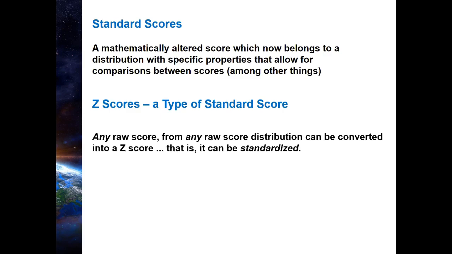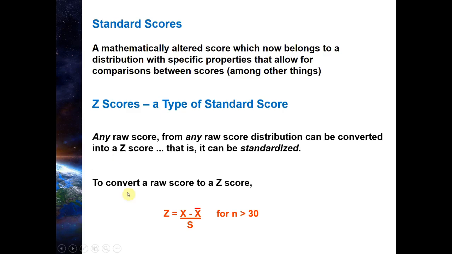Now, you do have to have certain things in order to convert a raw score. In order to convert this raw score X into Z, you need to know the mean of the distribution it came from.